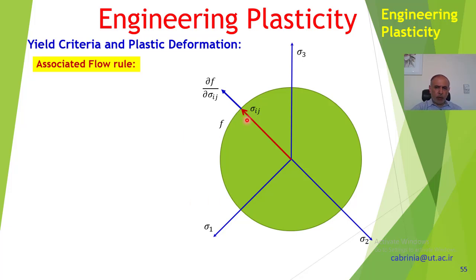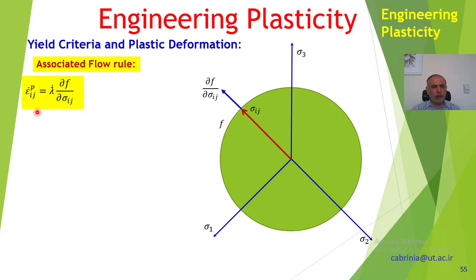Okay, so if we go back to the Mises criteria, which is this circle in the pipeline, then if we have a sigma ij stress tensor, then we will have the plastic strain perpendicular to this, and so partial f to partial sigma ij is perpendicular to this surface as shown in here.